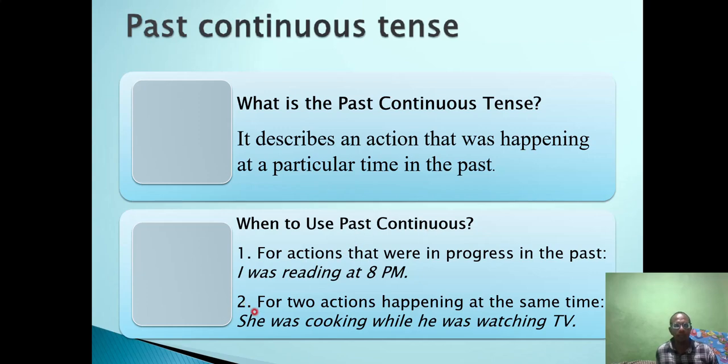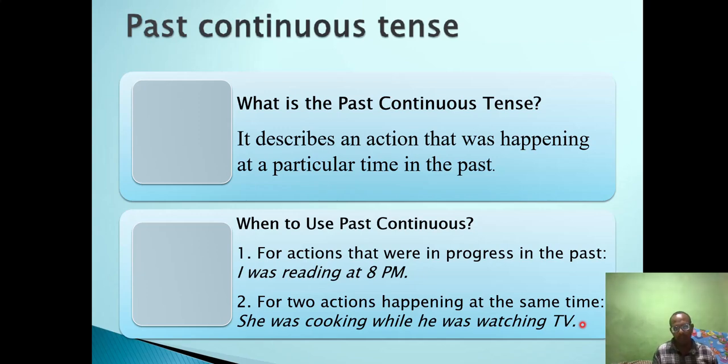And number two, for two actions happening at the same time. If two actions happened in the past simultaneously, these two actions can be expressed using past continuous tense. Here is an example: She was cooking while he was watching TV.